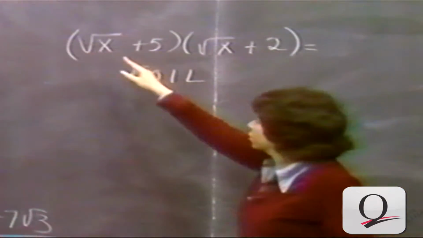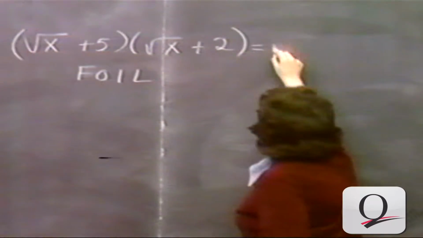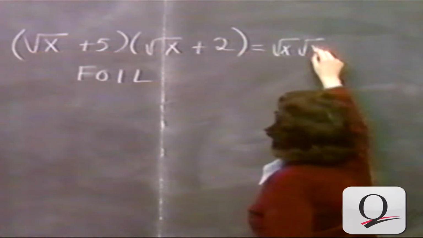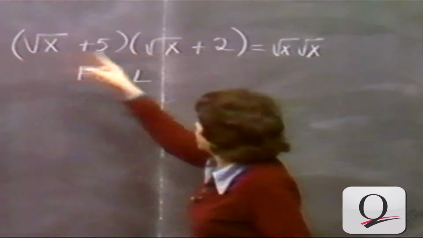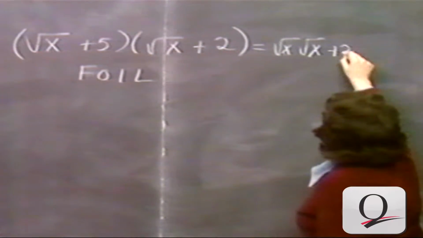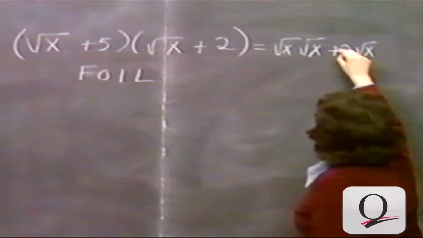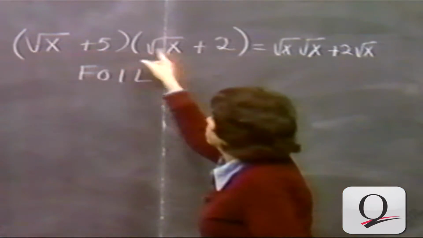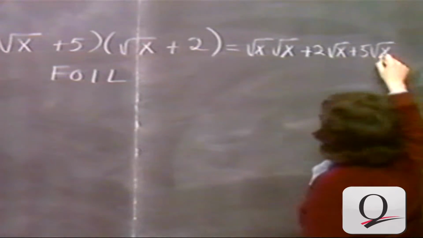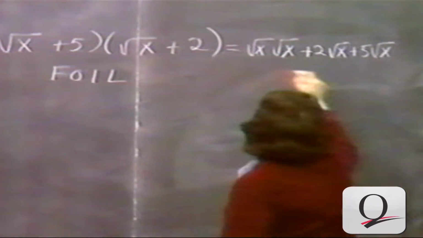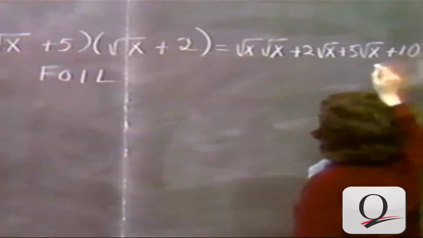First terms: square root of x times the square root of x. Then the outer terms: the square root of x times 2. Then the inner terms: the square root of x times 5. And then the last terms: 5 times 2, giving you the 10.